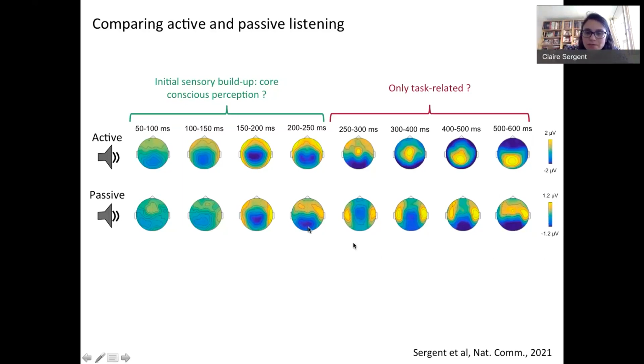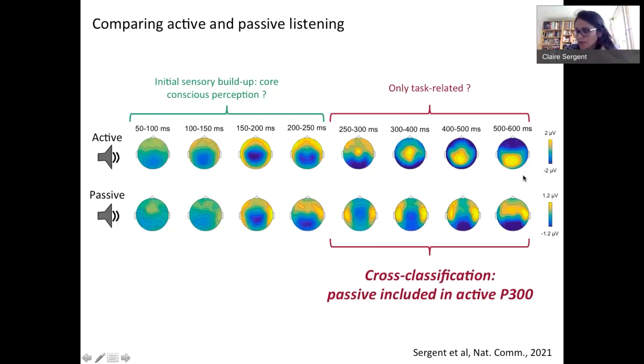Well, one possibility is that these late events do correspond to a spontaneous conscious access to the stimulus, but without articulating that with a task. And so these late activations might be included in the P300. And that's what we do.